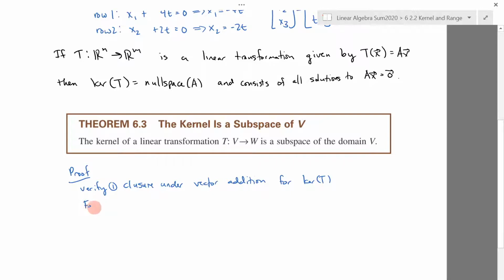So for u and v in the kernel, because they're in the kernel, that means that they get transformed to 0.